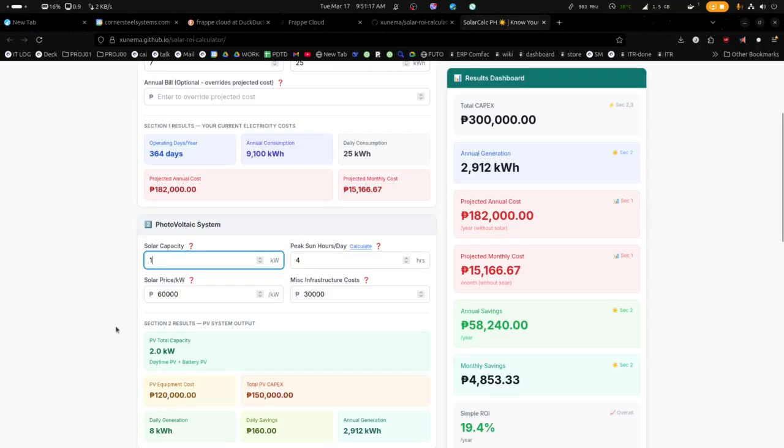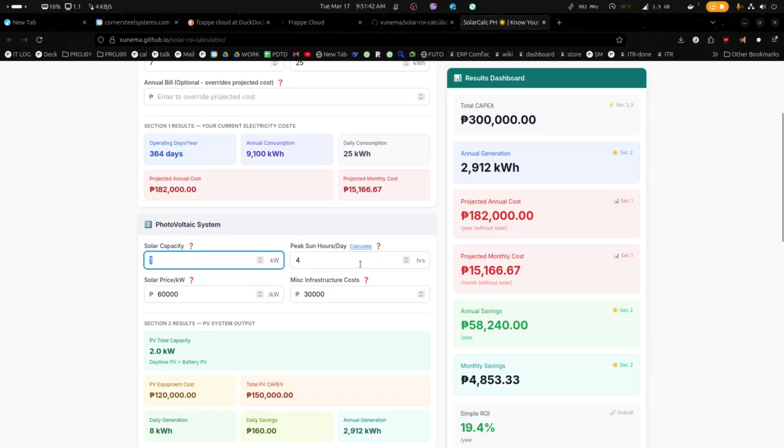This is pretty expensive at 60,000 pesos per kilowatt. As a commercial facility with a manufacturing plant and our own building, we can get it at 40,000 to 50,000 pesos per kilowatt because the contracts are in the millions. But if you're a regular resident, you won't get that kind of economies of scale.